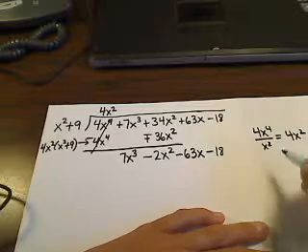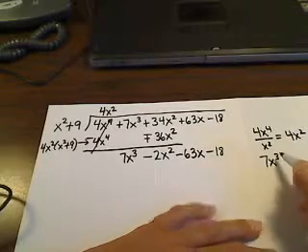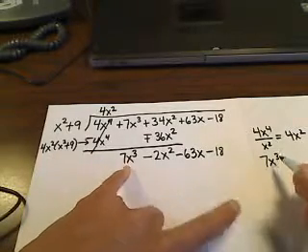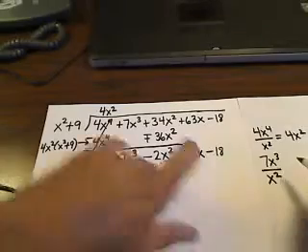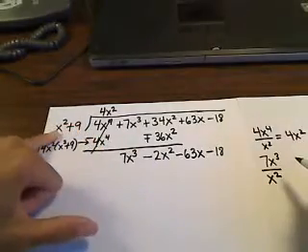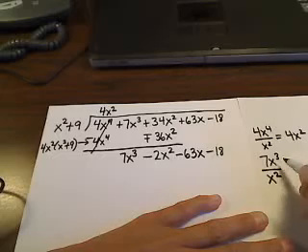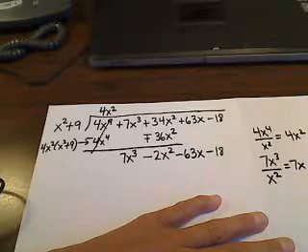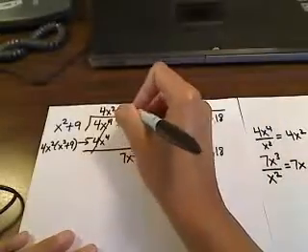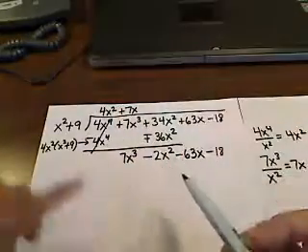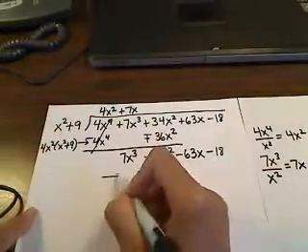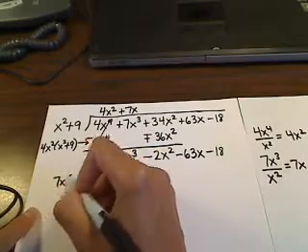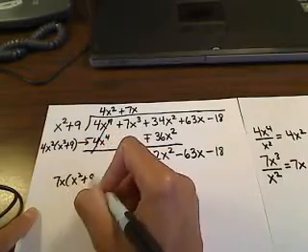Okay, so I'm going to take the 7x cubed, that's the first term, and divide it by the x squared over here. And 7x cubed divided by x squared is going to give me a 7x. So that 7x is going to go up top. And then I'm going to take just the 7x and multiply it through the x squared plus 9.